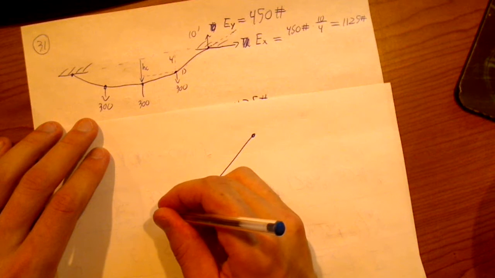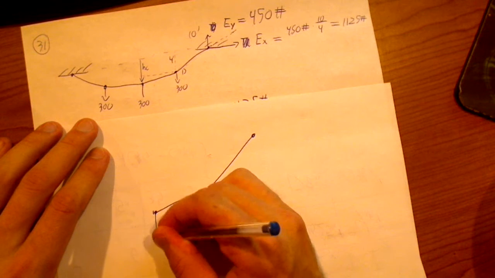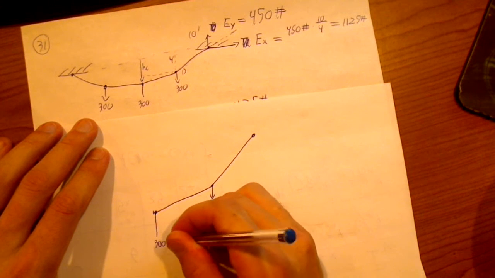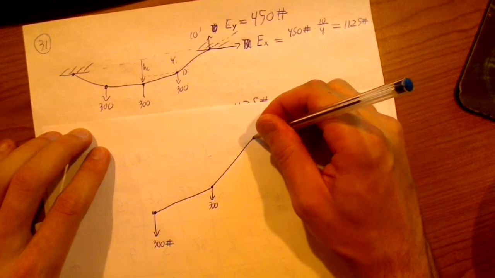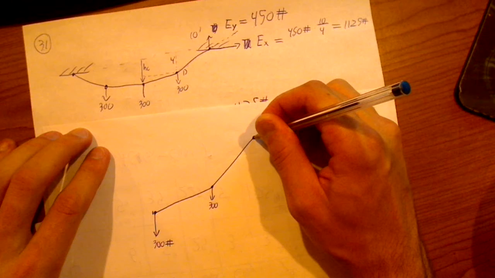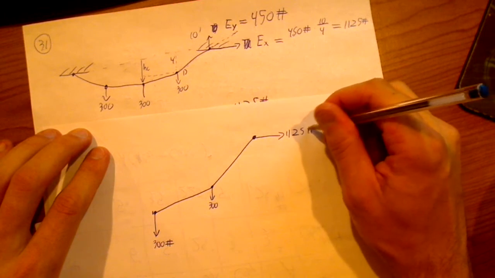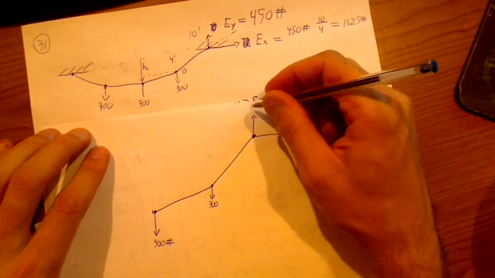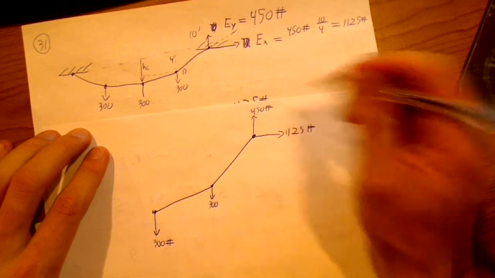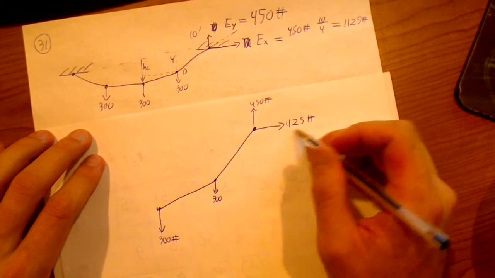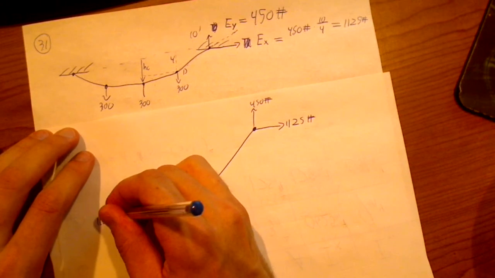And let's say we cut this wire mathematically just to the left of this load, like so. So there's a 300-pound force there. We know that the horizontal load here at the support is 1125. The vertical is 450. And we know that the horizontal tension of the rope doesn't change. There's also a horizontal load here of 1125.